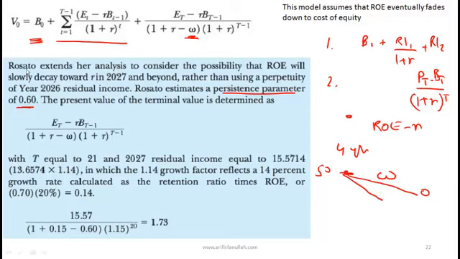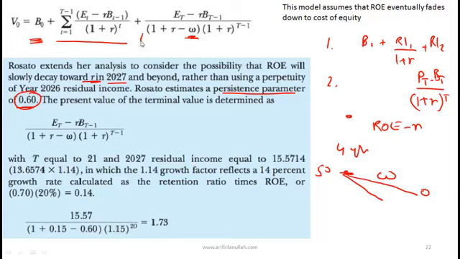We have an example where the analyst extends her analysis to consider the possibility that ROE will slowly decay towards r in 2027 and beyond, rather than using a perpetuity of the 2026 residual income. So he estimates a persistence parameter of 0.6. If you are given this persistence parameter, all you are doing is plugging it in where W is.